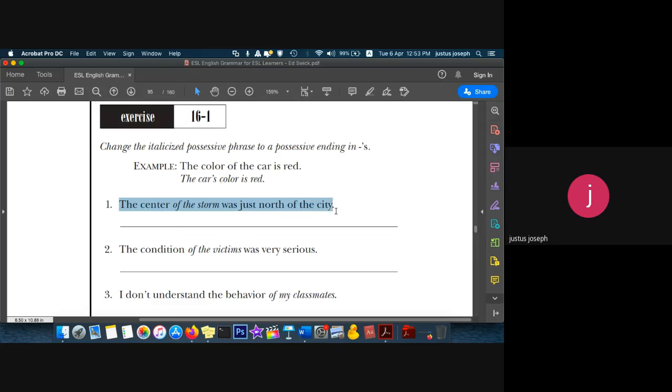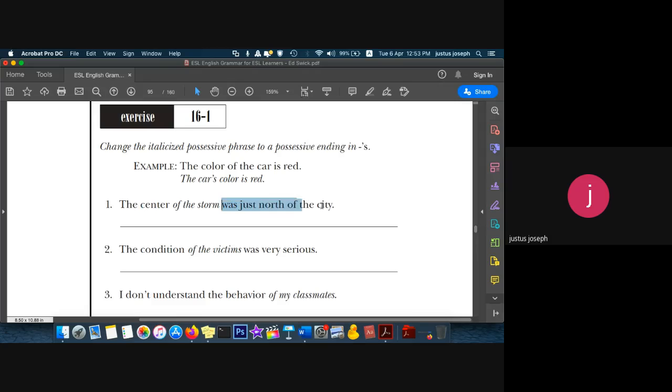Let's do this. The center of the storm was just north of the city. How will you change it into a possessive form? The storm's what? Center. The storm apostrophe S. Storm's center.